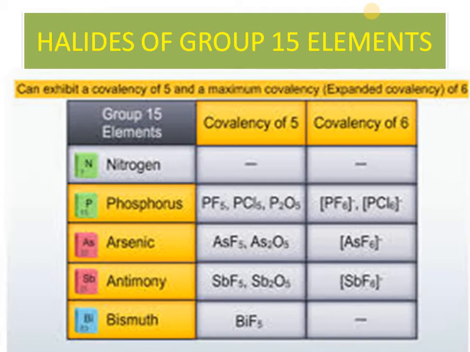Examples we have discussed already: PF5, PCl5 and similarly PF6 negative and PCl6 negative, because phosphorus can exist in forms like PCl4 positive and PCl6 negative. Like this, interchange of chlorine or halogen is possible. So these are the oxides and halides. We are going to discuss more about the oxides in the next slides.